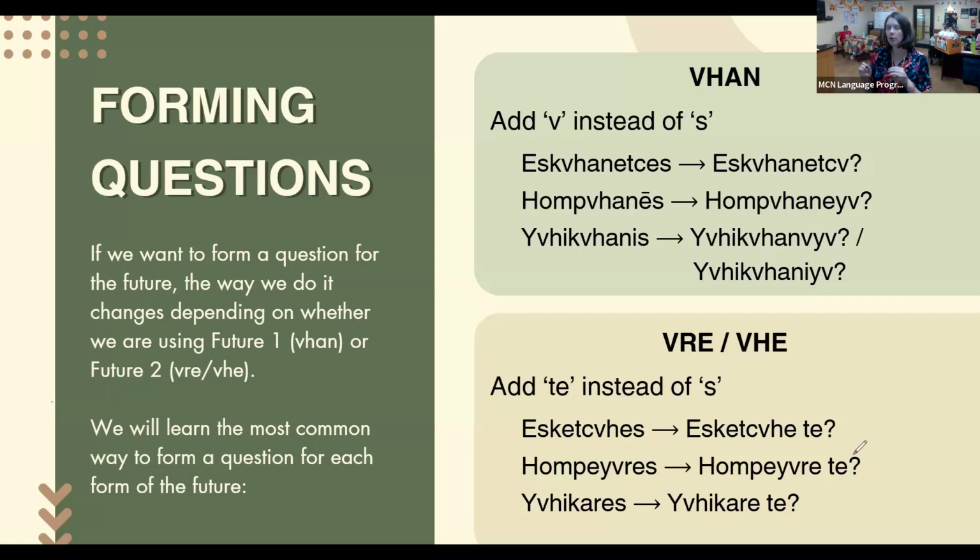The way that we do it changes depending on whether we're using future 1, which is a han or a thlan, or if we're using future 2, a thli or a he. So we're going to learn the most common way to do a question for both forms. Instead of going into a whole bunch of the options, we're going to do the most common for future 1 and for future 2. So you might see more variants, but this is at least to get you started.